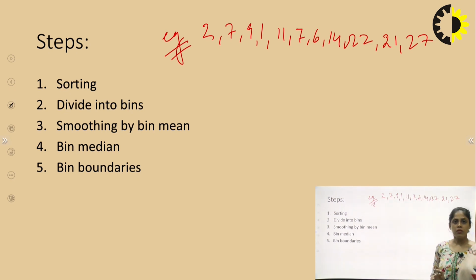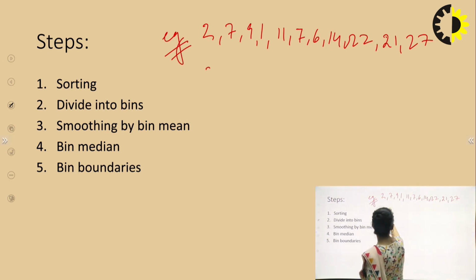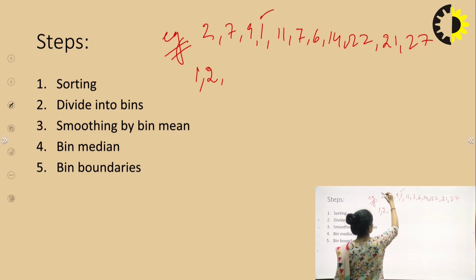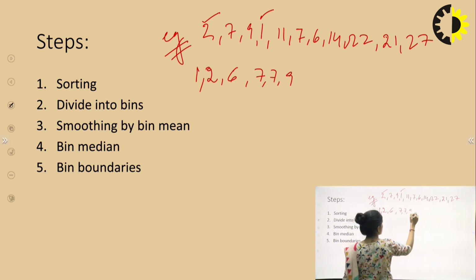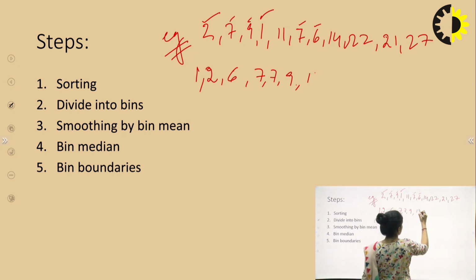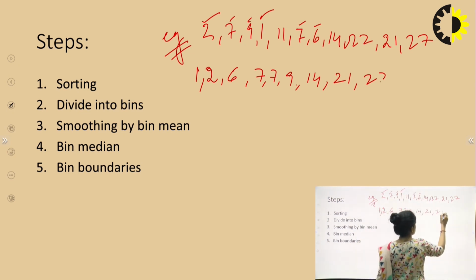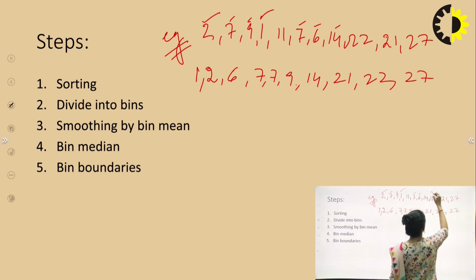First of all, the very first step is we need to sort this. For sorting, it will be 1, 1, 2, then 6, 7, 7, 9, 14, 21, 22 and 27.